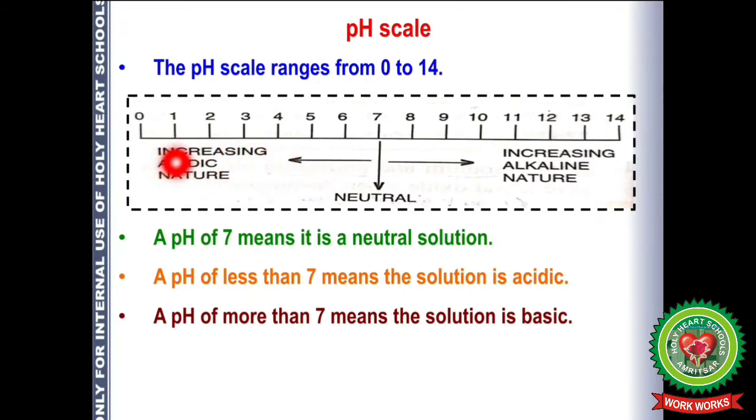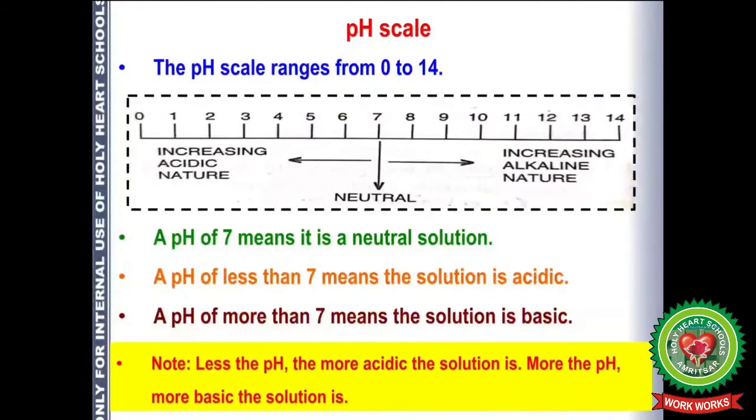The lower the pH, the more acidic the solution will be. It will be a stronger acid. Supposing the pH is 5 or 6, that means it is slightly acidic. But if the pH is 1 or 0, that means it is strongly acidic. So remember this particular thing as well. As we move to this side, 8 and 9 will be slightly basic. But as we move further, getting 13, 14 as the pH, that means the solution is highly basic in nature.